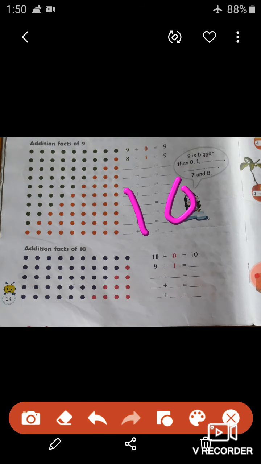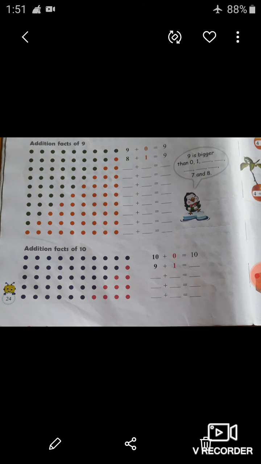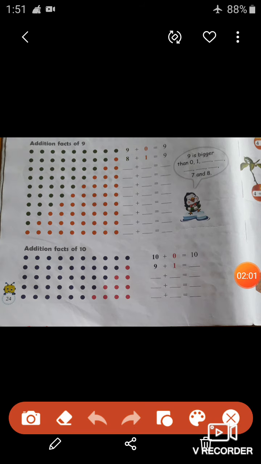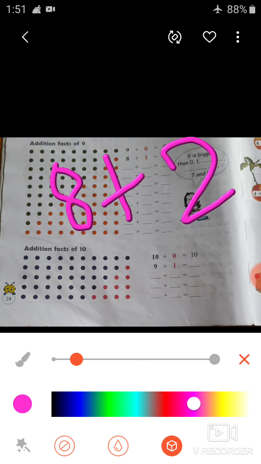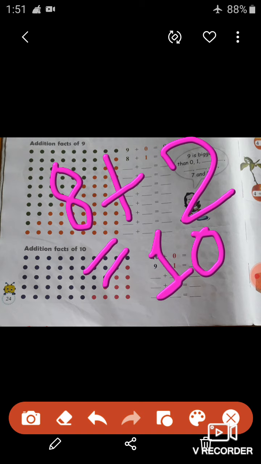Okay, now in the next there are 8 blue dots and 2 pink dots. When we add 8 with 2, or we can say 8 plus 2, equals 10. So you have to fill this in the given blank.